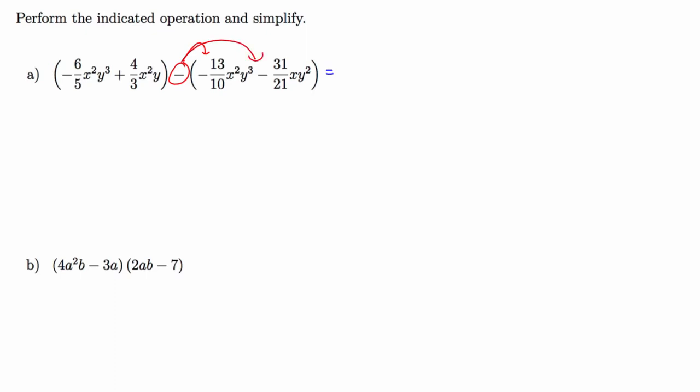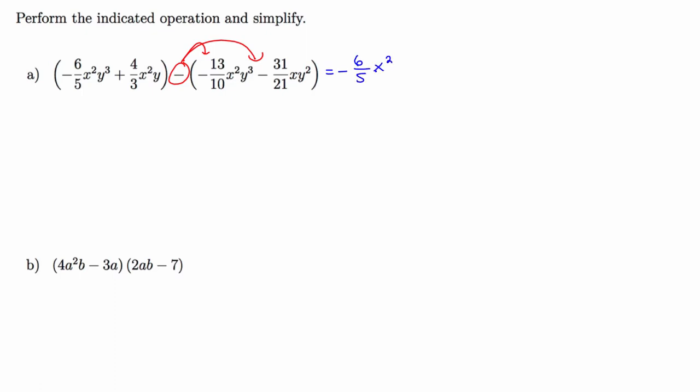So our original expression was negative 6/5 x squared y to the third plus 4/3 x squared y minus, in parentheses, negative 13/10 x squared y to the third minus 31/21 xy squared. When we distribute that negative through the second set of parentheses, the first polynomial does not change.